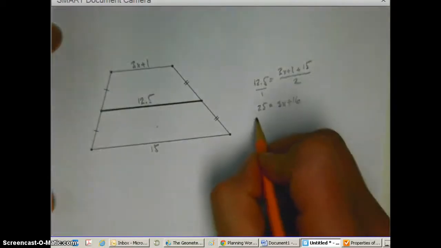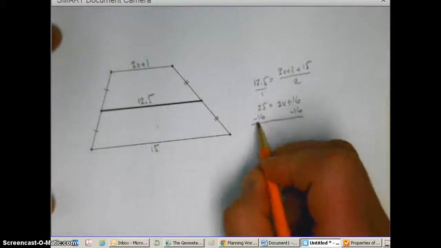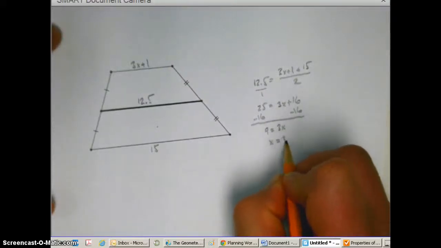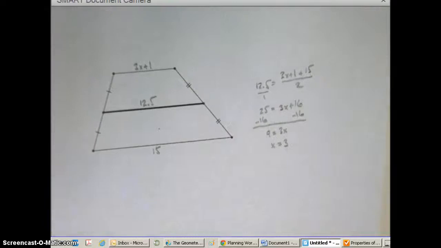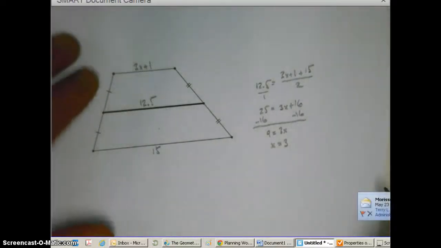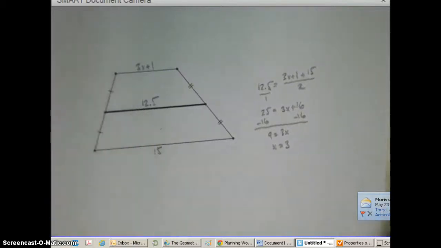We subtract 16 from both sides, and 25 minus 16 is 9, so 3x equals 9 and x equals 3. So that's how you're going to solve midsegment problems where you have algebraic values for the length of the sides.